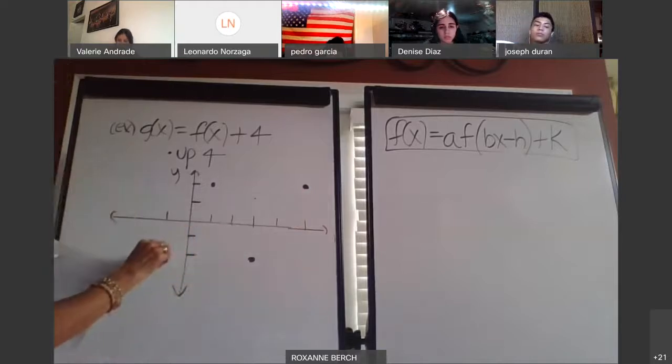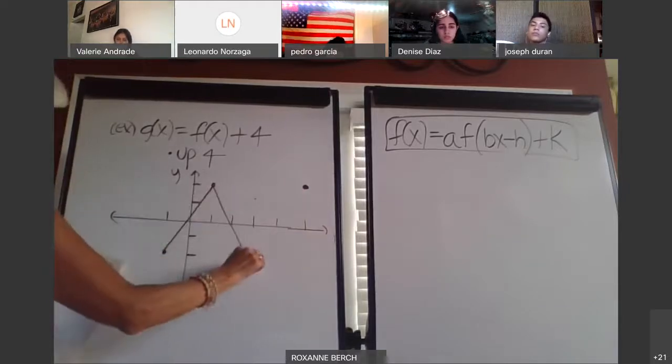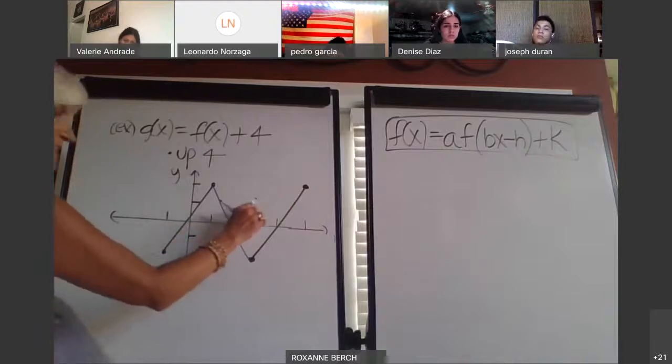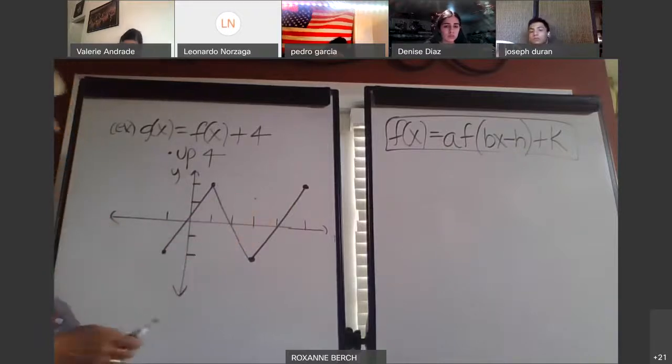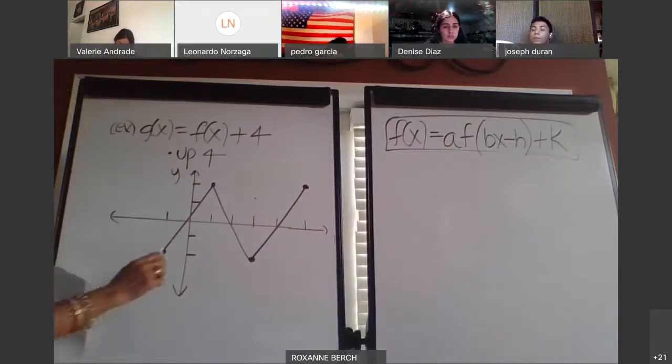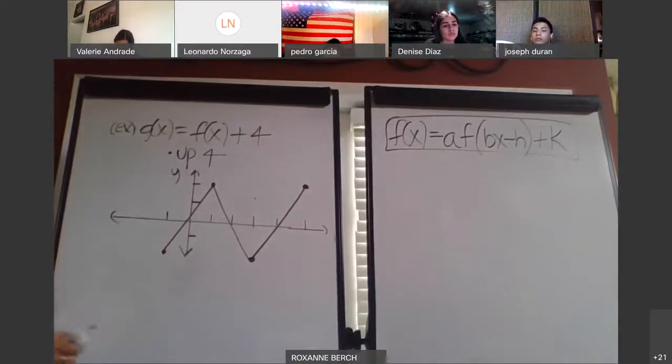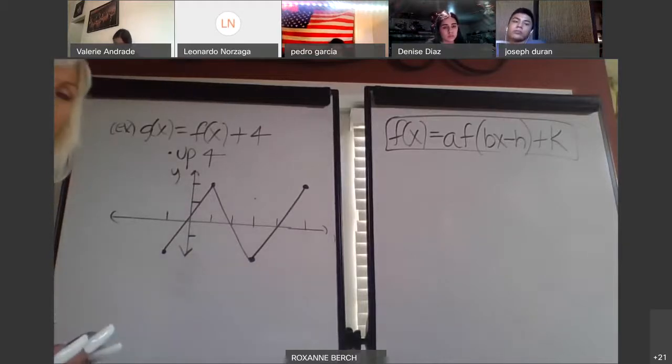So this is what it looks like. And that is a function. Remember that's nothing, that's my damaged board. It does pass the vertical line test. So this is a function. And it's like, okay, she just told me to use left 1, up 1, 0, 0, right 1, up 1. That's for the quadratic though.